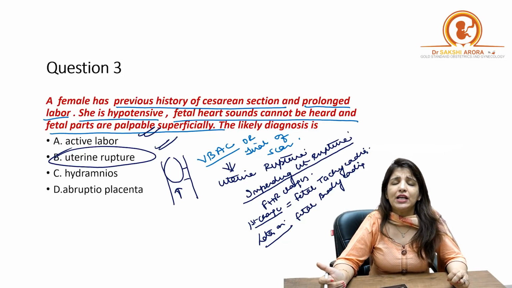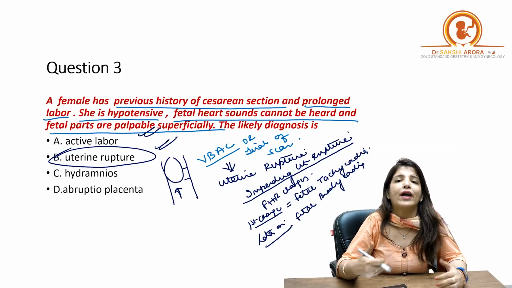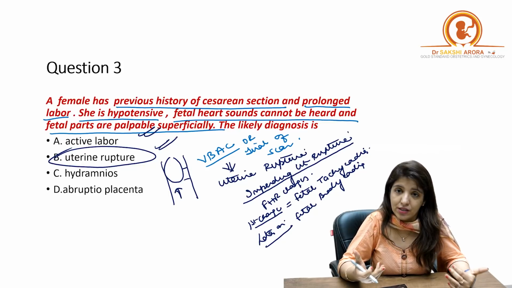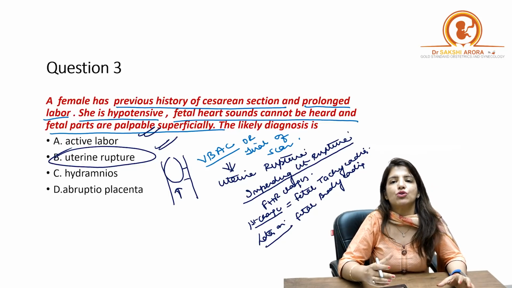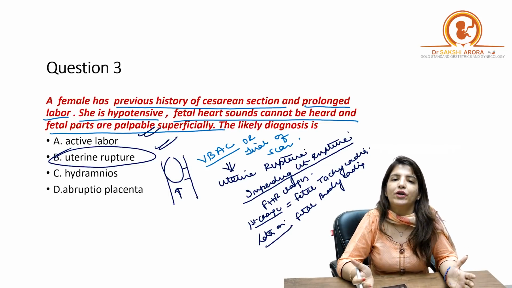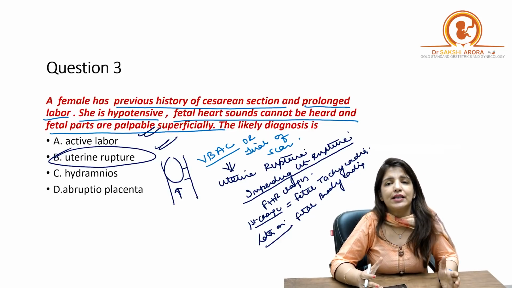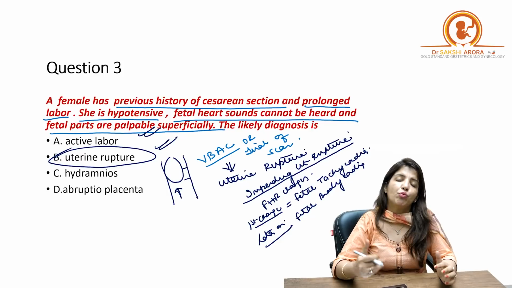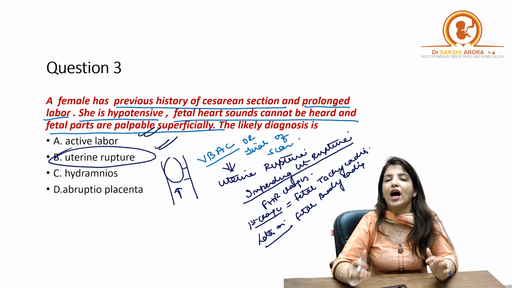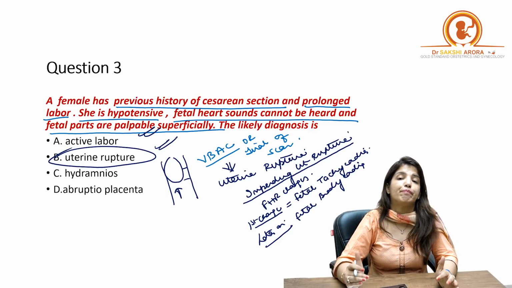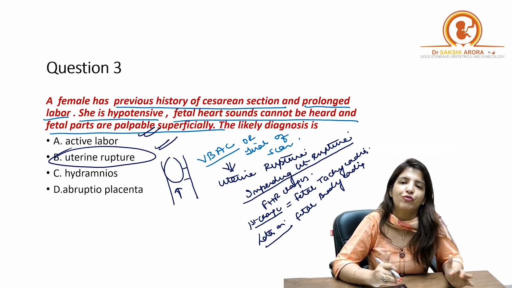Again, in case of hydramnios, why will you not hear the fetal heart sounds? And suppose, because of the excessive amniotic fluid, you are unable to hear the fetal heart sounds. Then why is the mother having hypotension? Why is she having tachycardia? And why are the fetal parts palpable superficially?